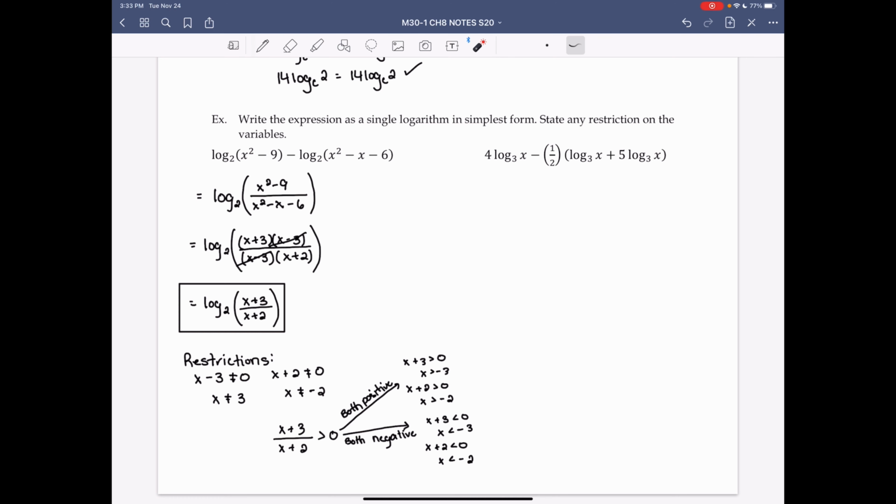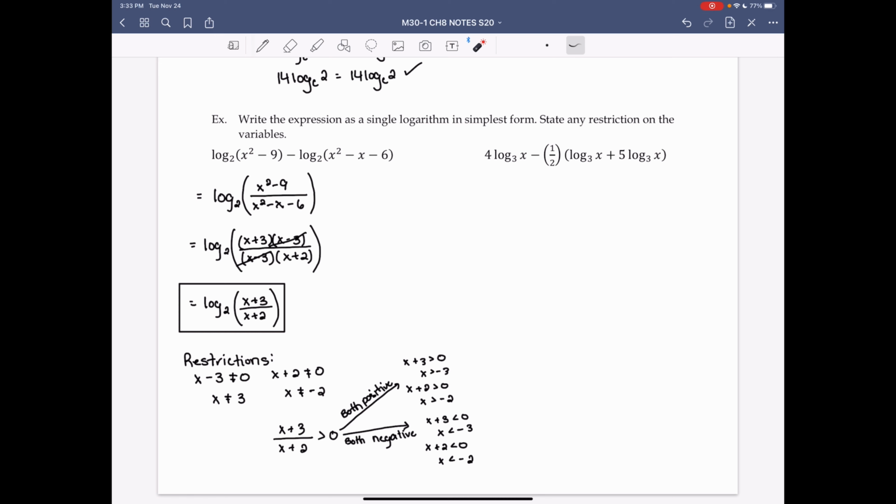So this one actually has a lot of restrictions because we have some greater than, some less than, some not equal to. So if we look at the greater than restrictions, where we have x greater than negative 3 and x greater than negative 2, which one of those is more restricted? So which one includes the other restriction?